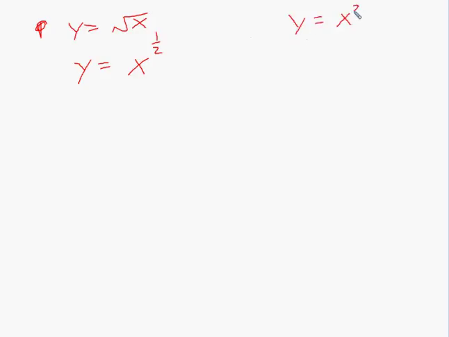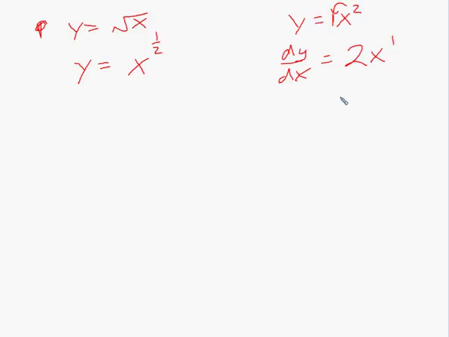So if I have x squared, what's the derivative of that? 2x. I take my exponent, multiply it by my coefficient, so 2 times 1 is 2, and then I decrease it by a power of 1.